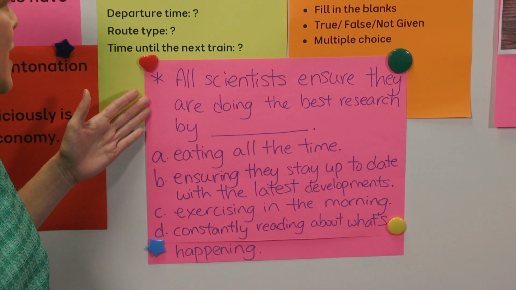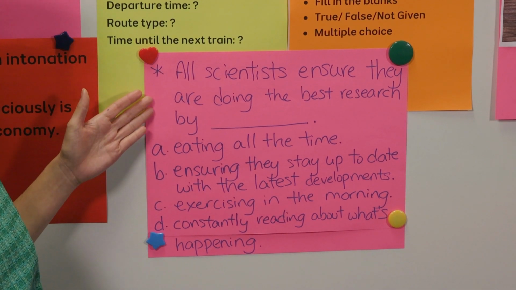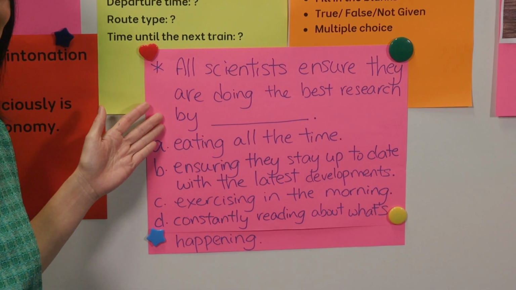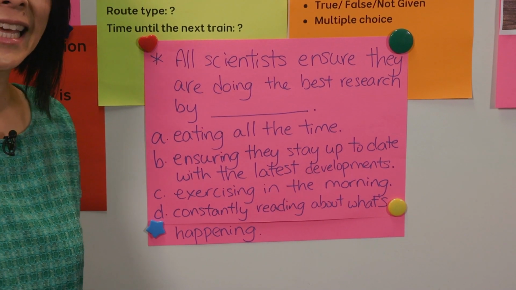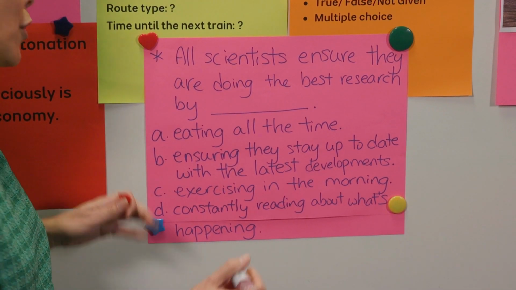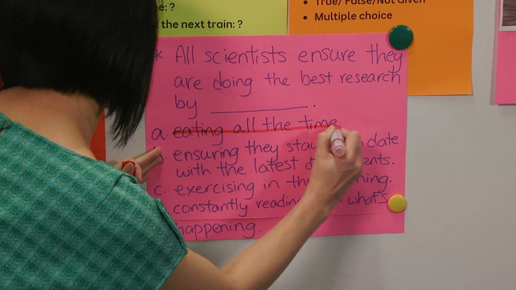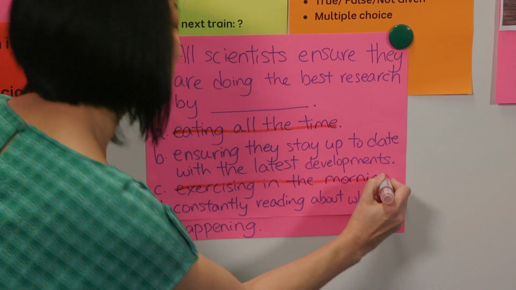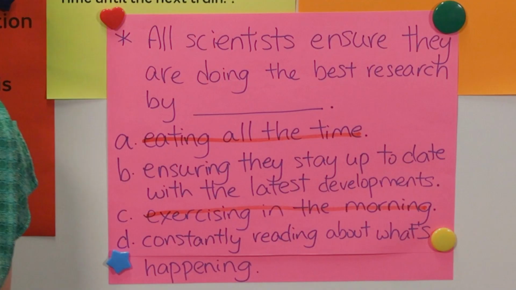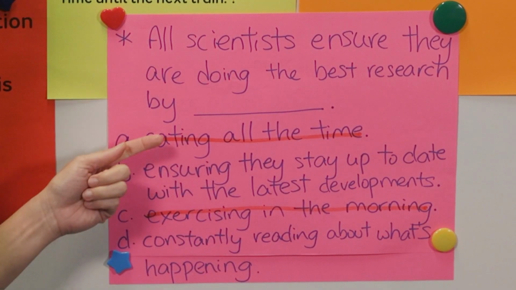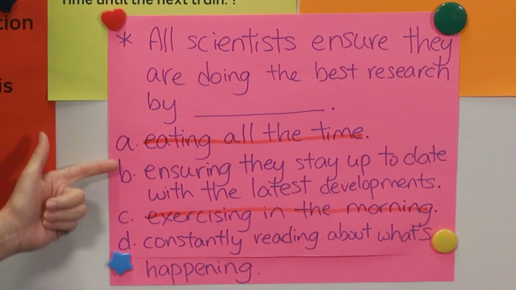All scientists ensure they are doing the best research by... You can see immediately that A and C are not relevant, and can be eliminated. That leaves you with two options to listen out for.